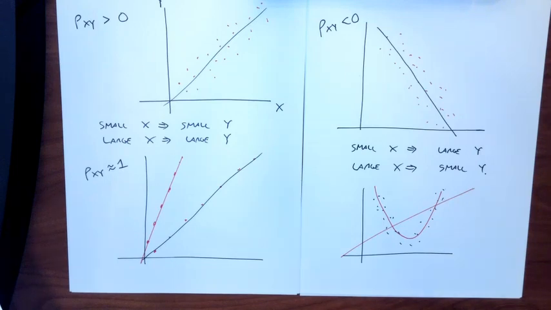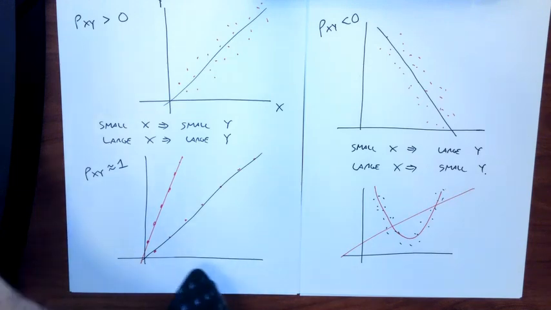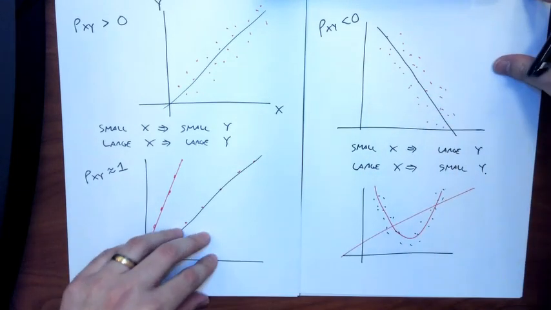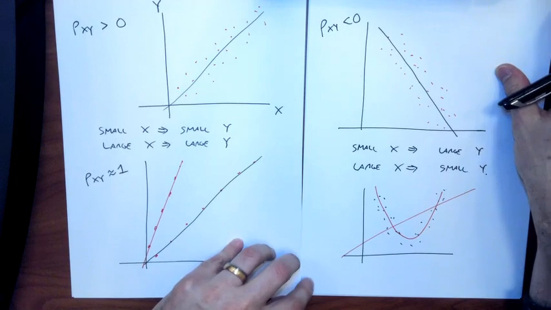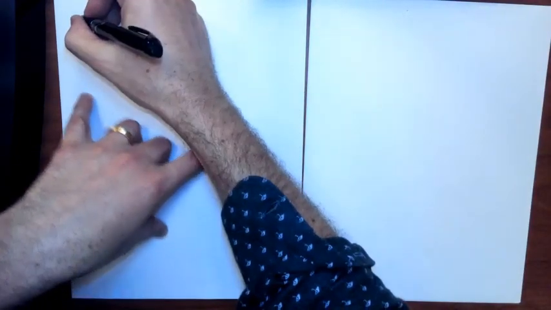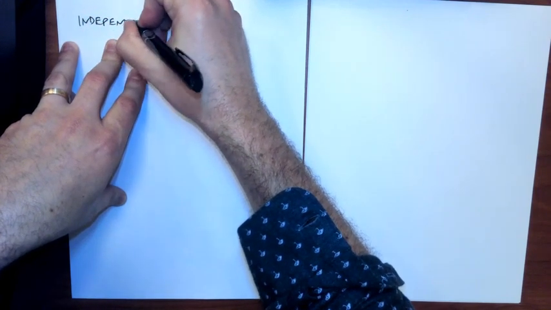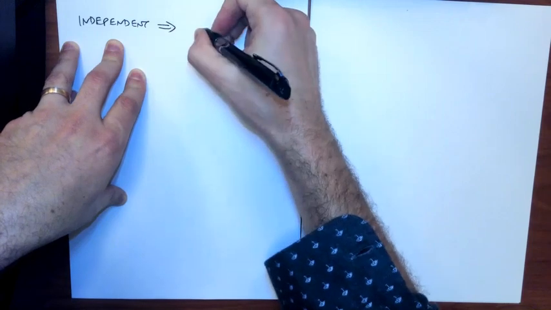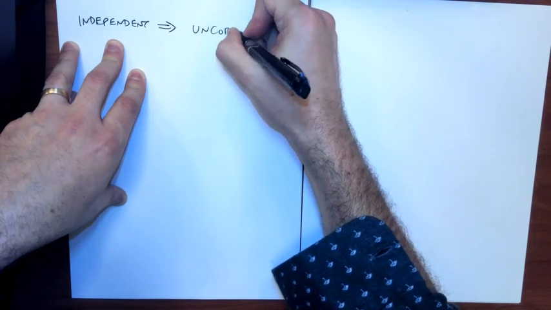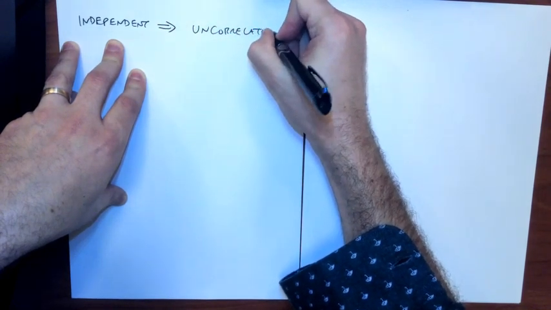Okay, so the last thing I want to talk about, because I know you are all on the edge of your seats about it, is remember that we said in the beginning that independent random variables imply uncorrelated, right?